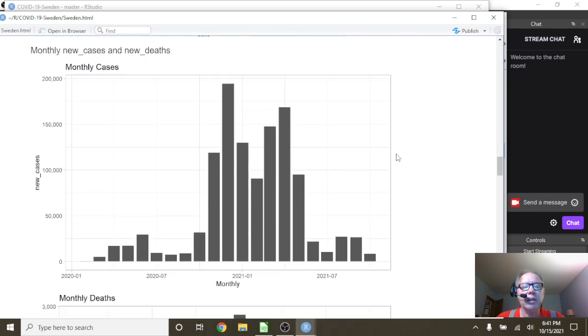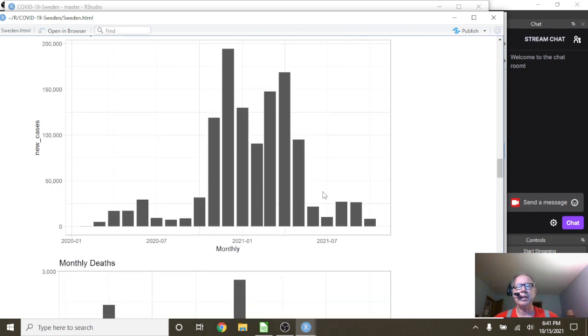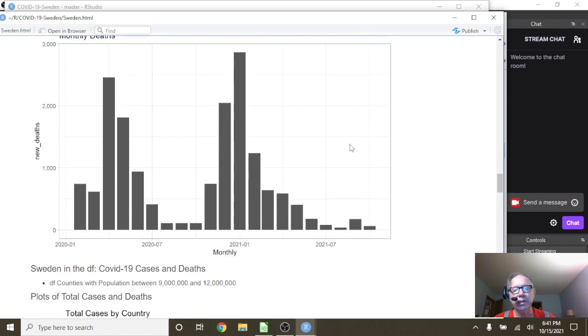Let's take a look at monthly cases and deaths. You can see again why I say the yearly numbers are a bit misleading, because for the last 5 months, your cases have been maybe 20 to 25,000 a month. Well, way down from 150,000 up here. And look at deaths.